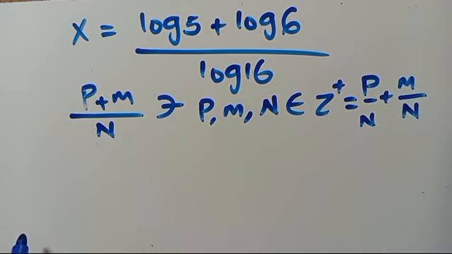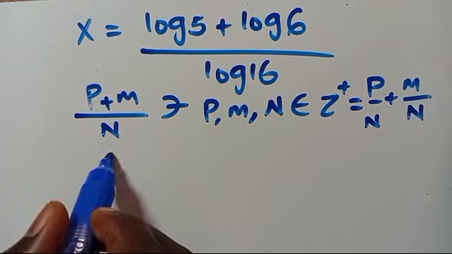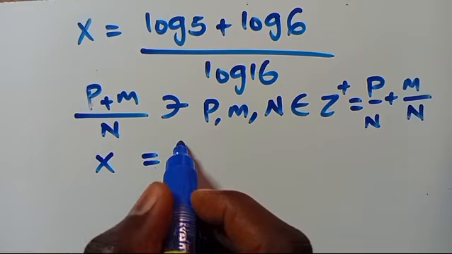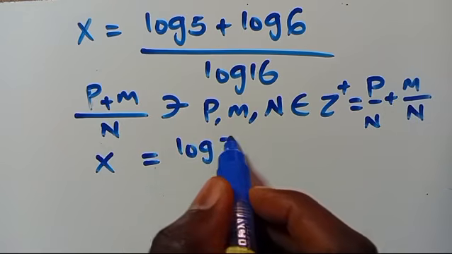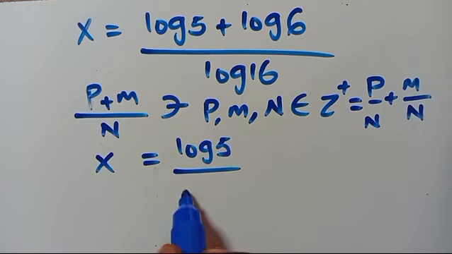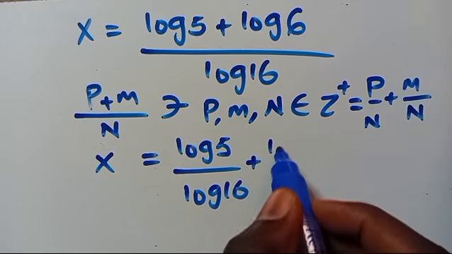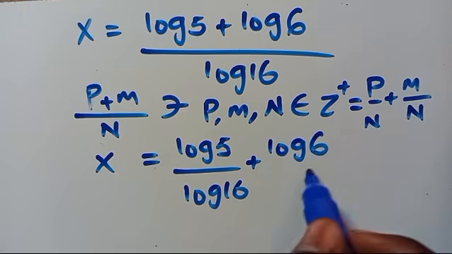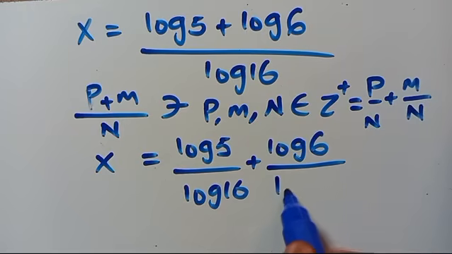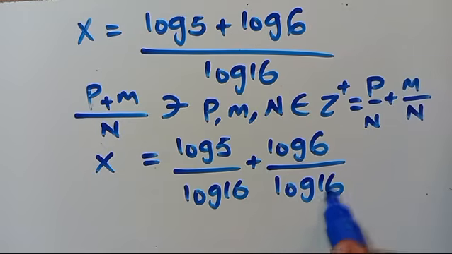So from here, we have x equals log 5 over log 16 plus log 6 over log 16.